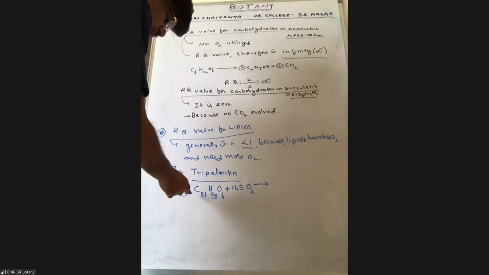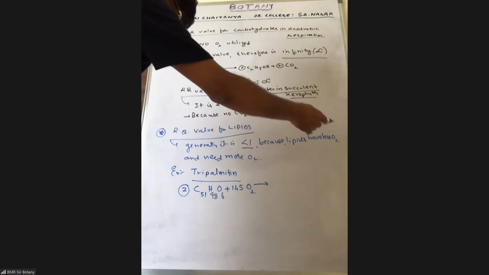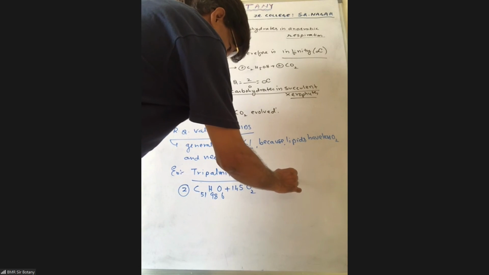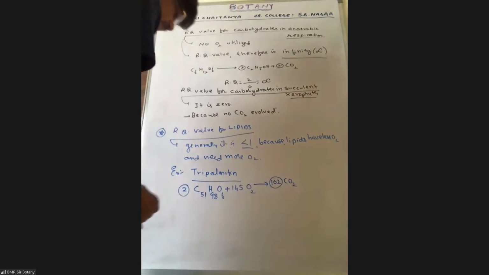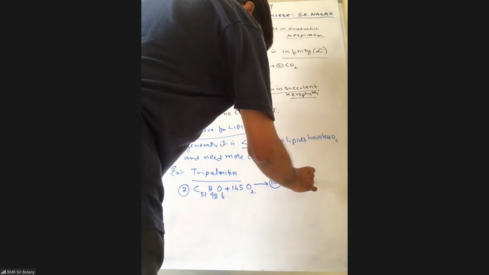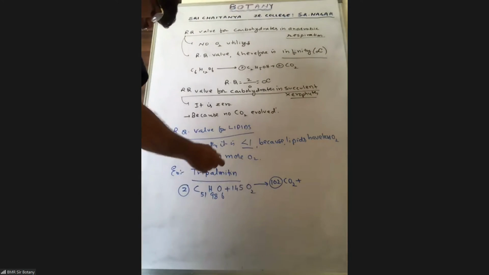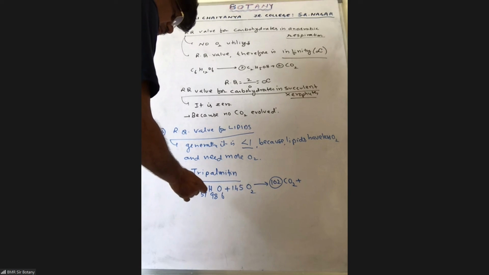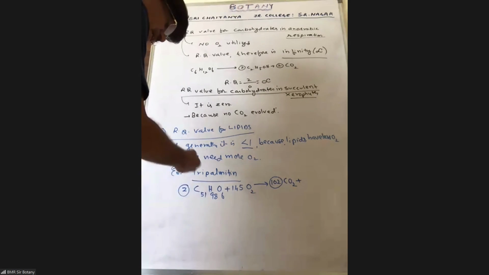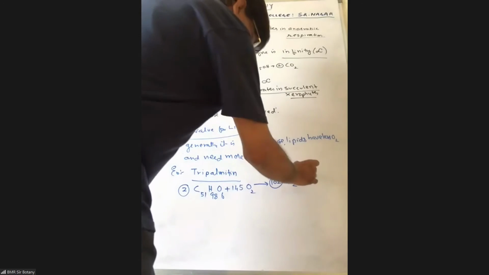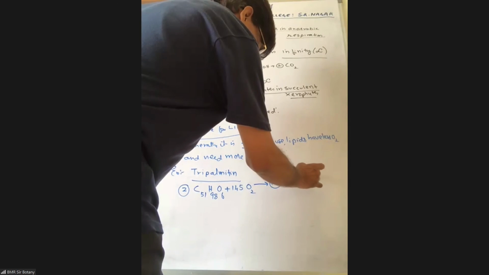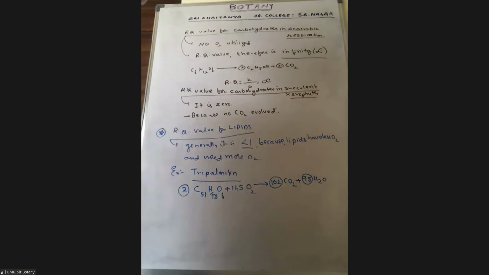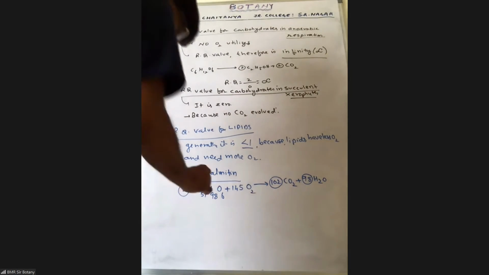Carbon dioxide equals the number of carbon atoms, so 102 molecules of carbon dioxide. Half the number of hydrogens is water: 98 water molecules. Automatically the equation is balanced.